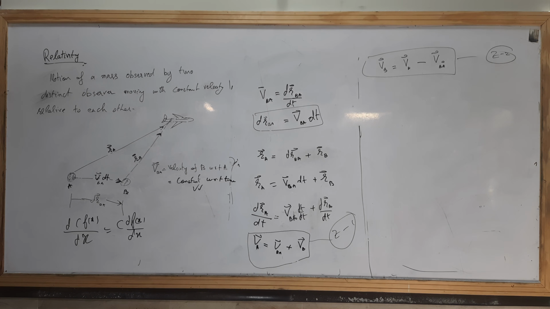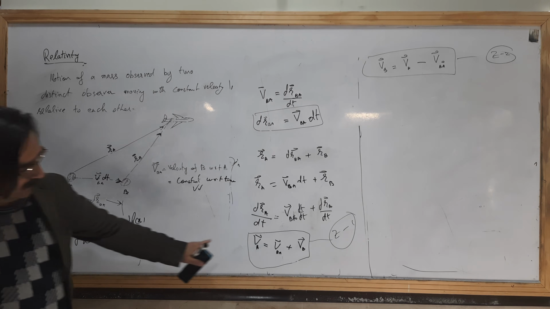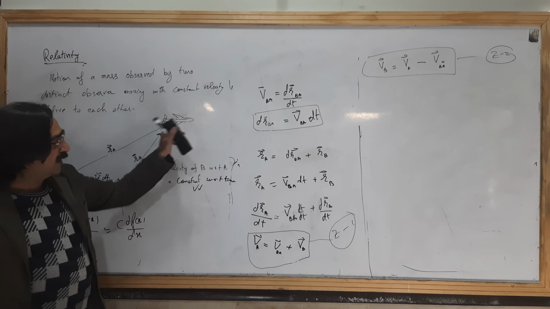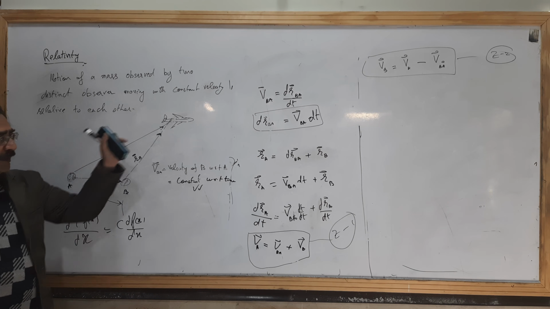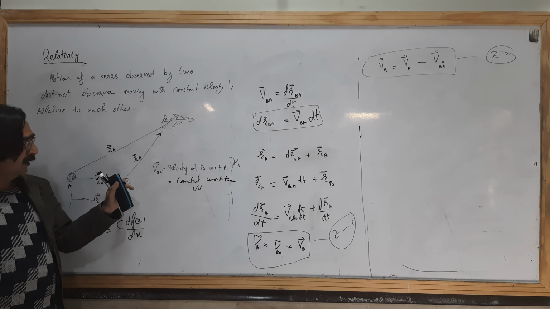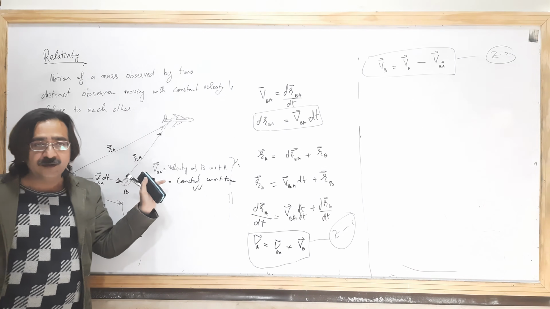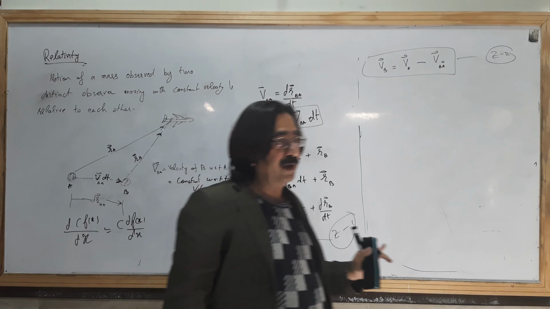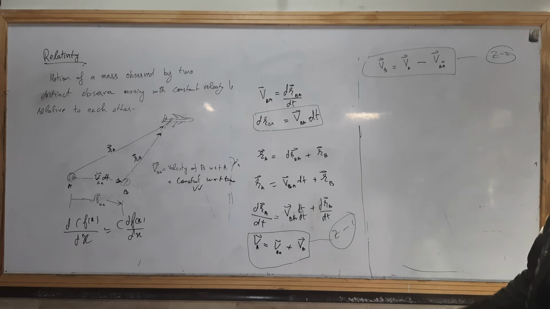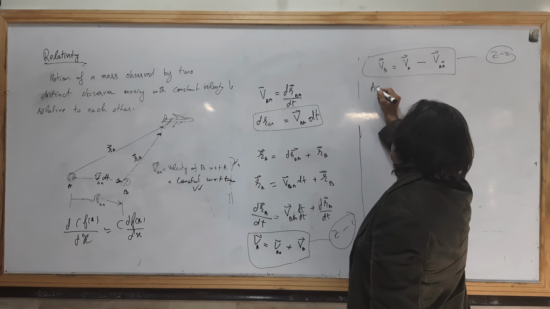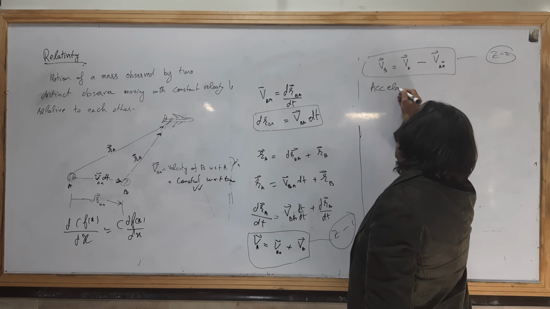What about the acceleration? The velocity of the plane with respect to observer A will be different. The velocity of the plane with respect to observer B will be different. But what about the acceleration?